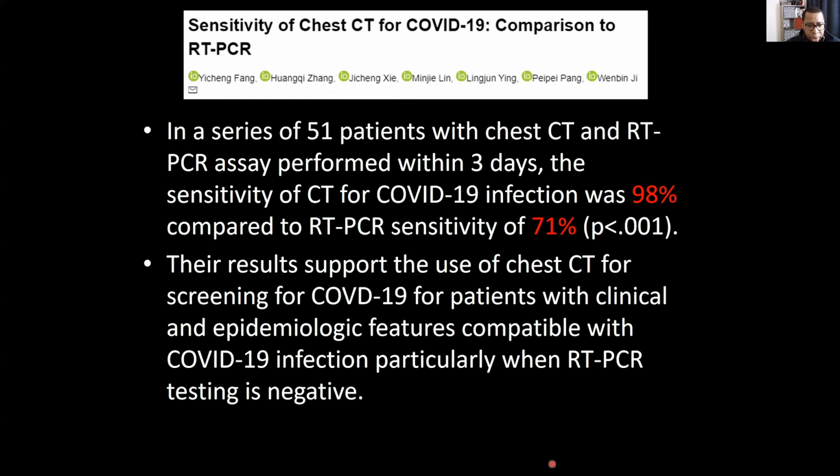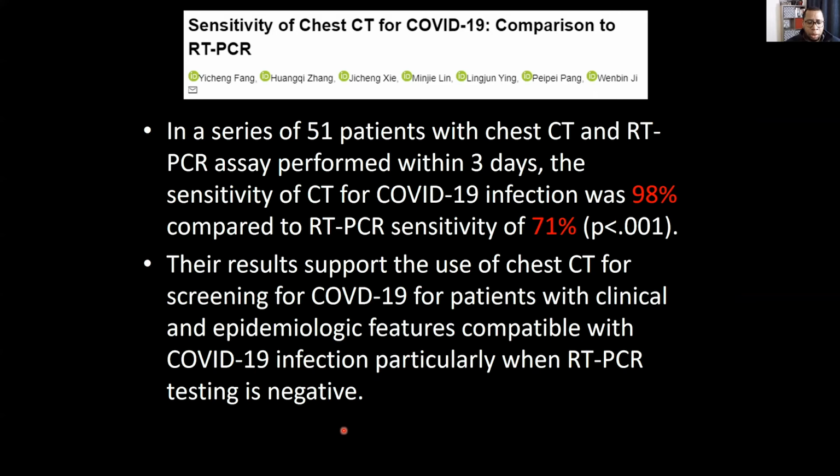So like I said, their results support the use of chest CT for screening for COVID-19 for patients with clinical and epidemiologic features compatible with COVID-19 infection, particularly when PCR test is negative. So again, this study and a few others really drove this pattern that we actually started to see in the US where patients came in, they were suspected to have COVID, and some got a chest CT because the PCR tests were taking very long to come back.